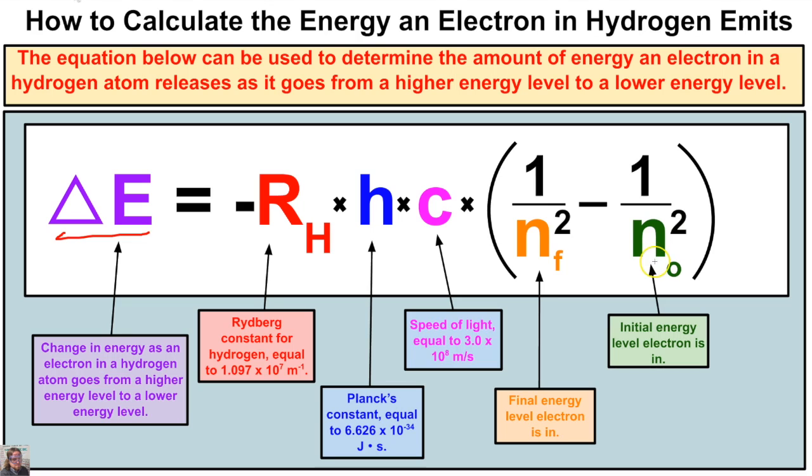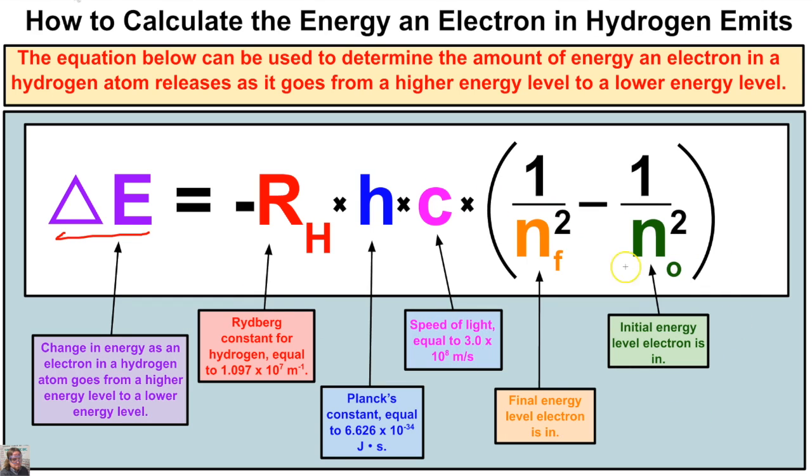That is the principal energy level that the electron is in initially. And so here's our formula that will help us to determine the amount of energy that an electron is going to release as it goes from a higher principal energy level to a lower principal energy level.